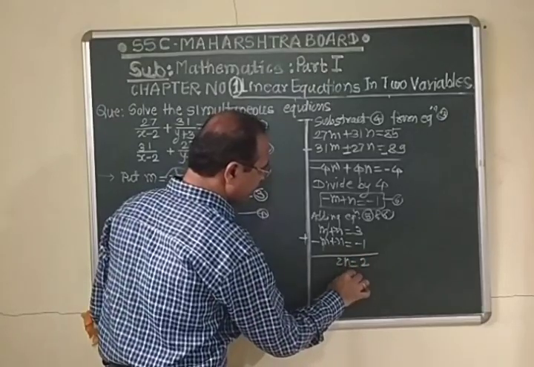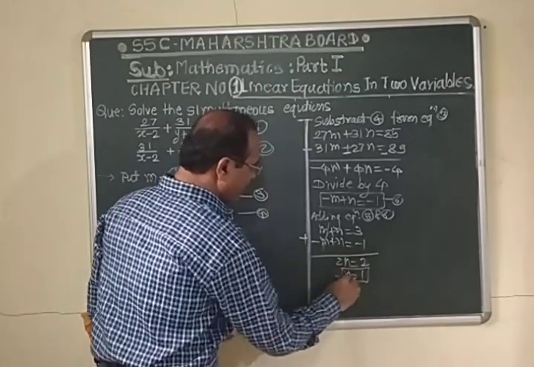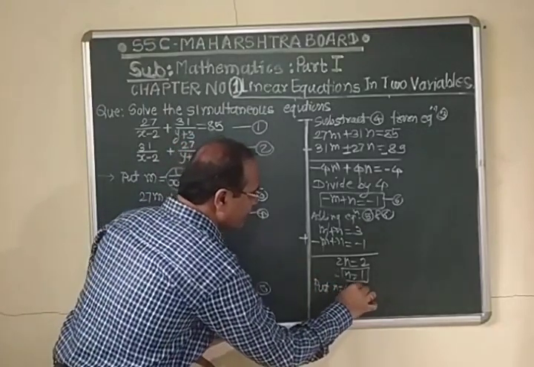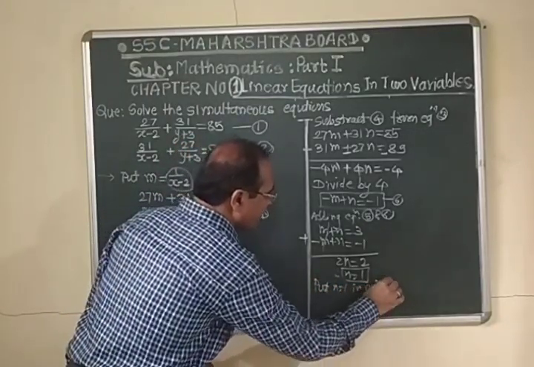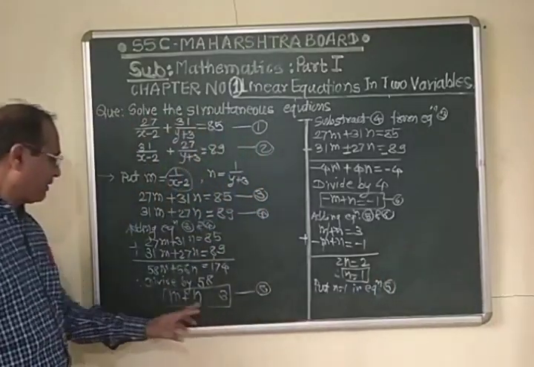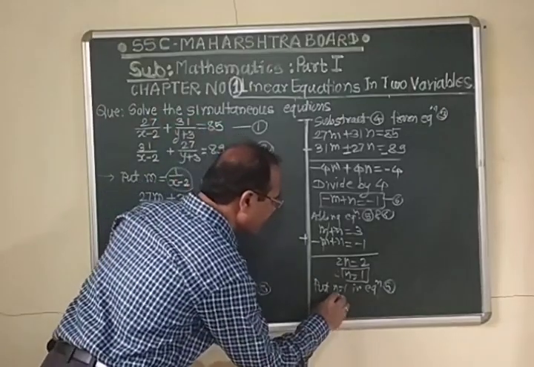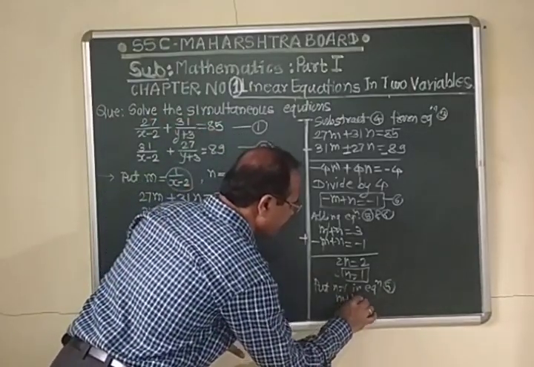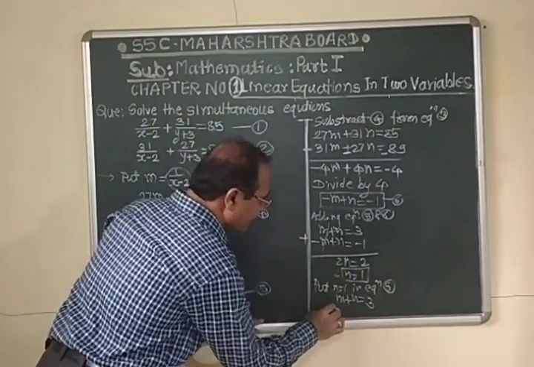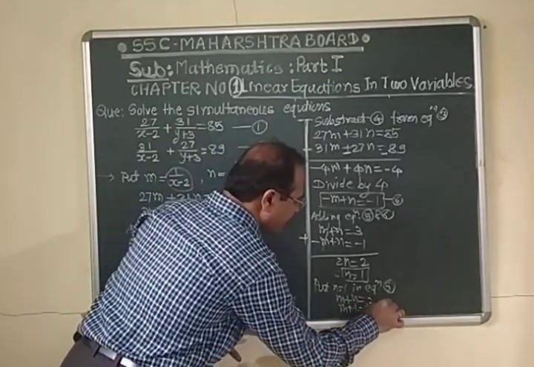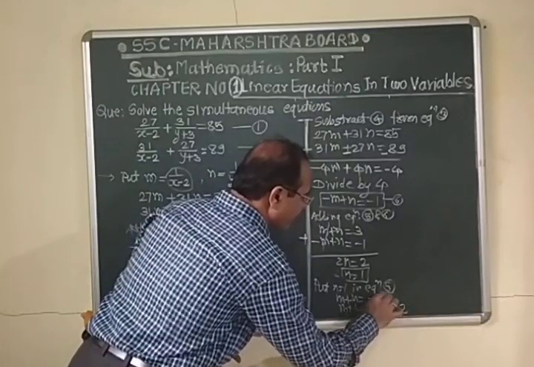Therefore n is equal to 1. Put n equal to 1 in equation 5: m plus n is equal to 3, so m plus 1 is equal to 3. Therefore m is equal to 2.